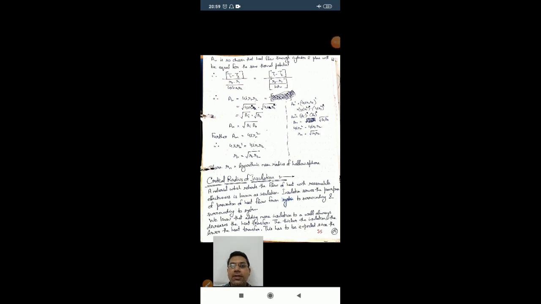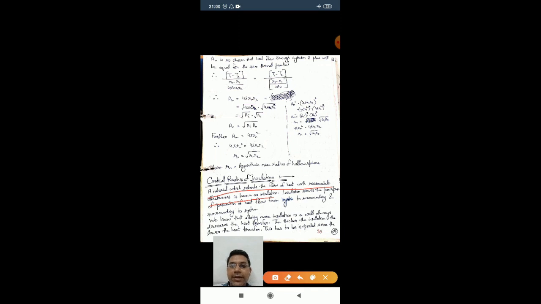So students, the next topic of interest is critical radius of insulation. So what is, first of all, insulation? Insulation is a material which retards the flow of heat with reasonable effectiveness. Whenever we insulate something, heat transfer is retarded, either from outside to inside or inside to outside, from the surroundings to the system or system to the surroundings.